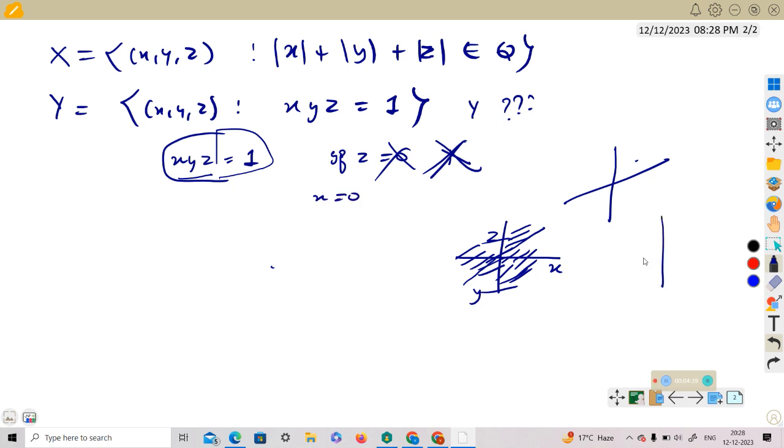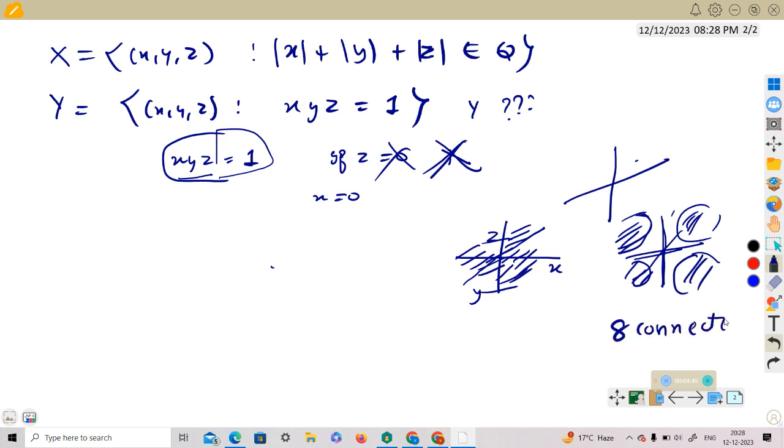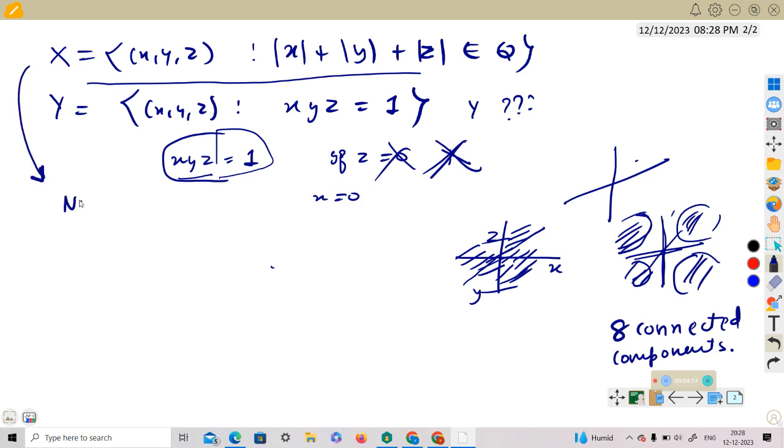So it looks somehow like this. It is in there, in there, in there, but it does not intersect the planes. So it has connected components like this, one in each octant, so 8 connected components. While we consider that X is not a connected space at all.